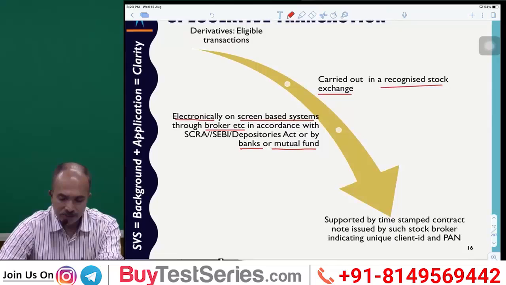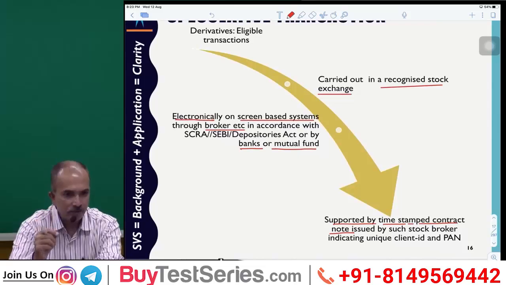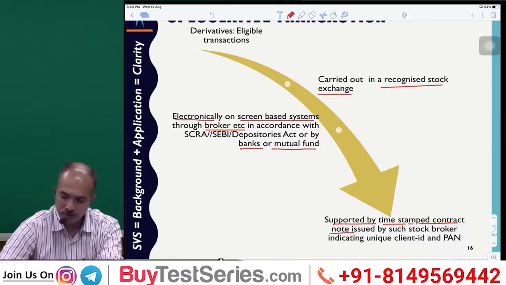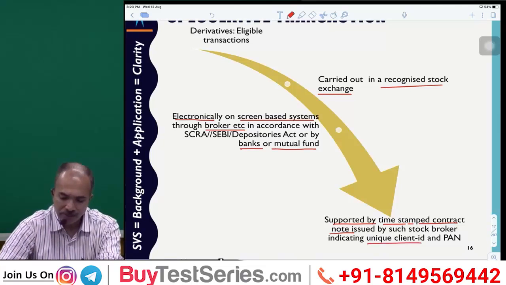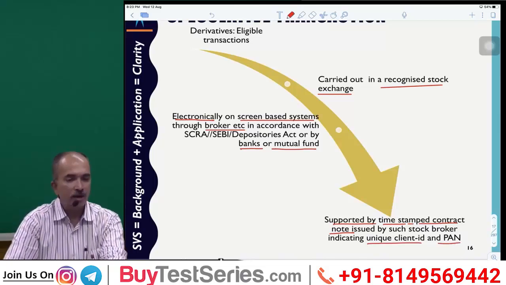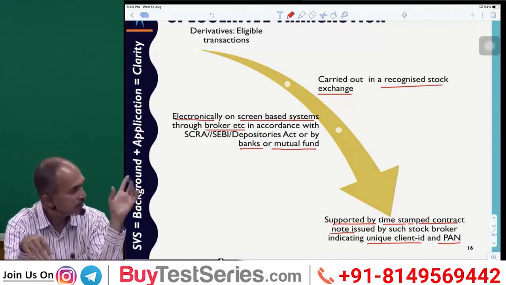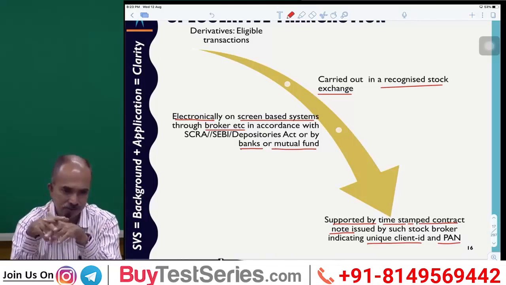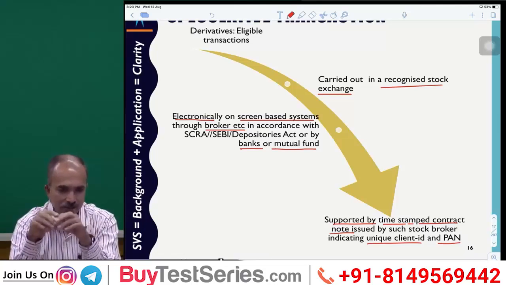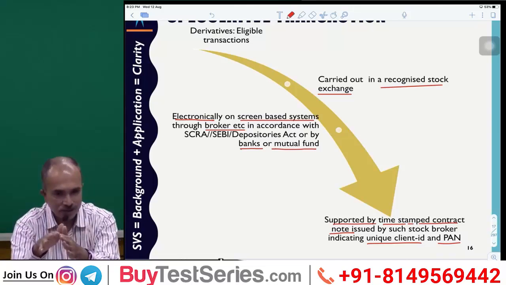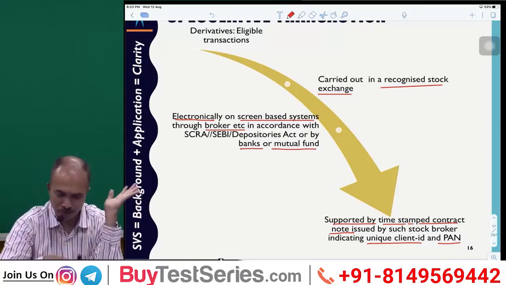And the transaction is supported by a time-stamped contract note. Contract note पे time भी होना चाहिए, date भी होना चाहिए. Having unique client ID and PAN. Now today, 100% derivative trading satisfies all the conditions. So practically, as long as it is done on the recognized stock exchange, it will always be eligible.